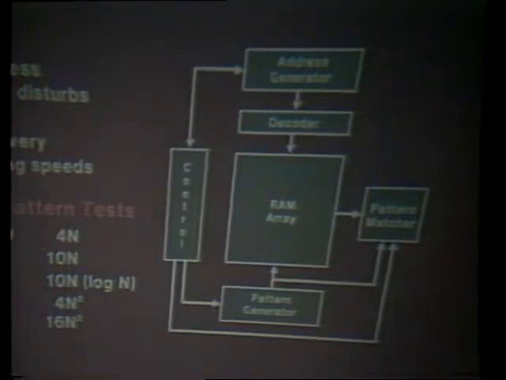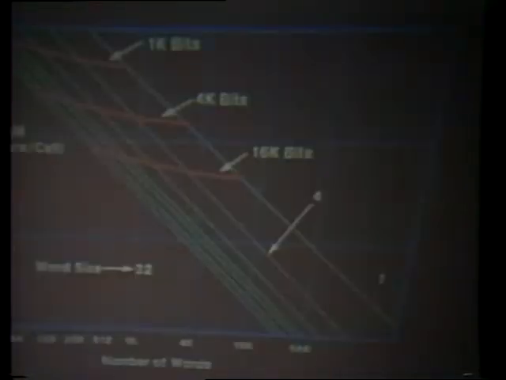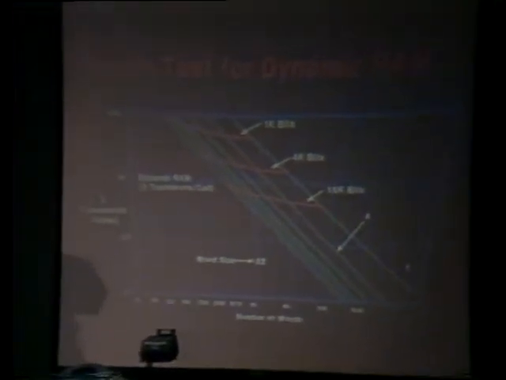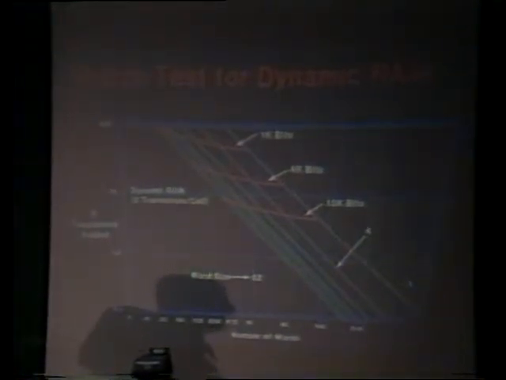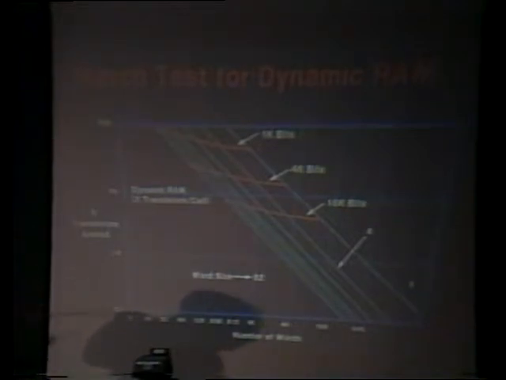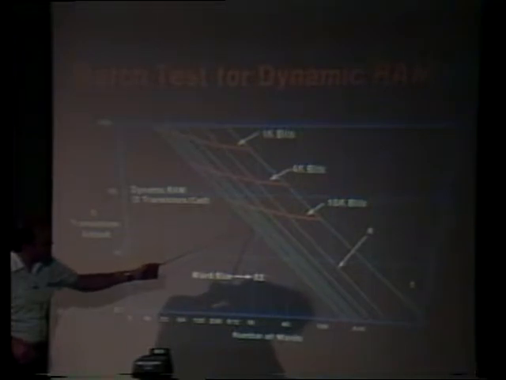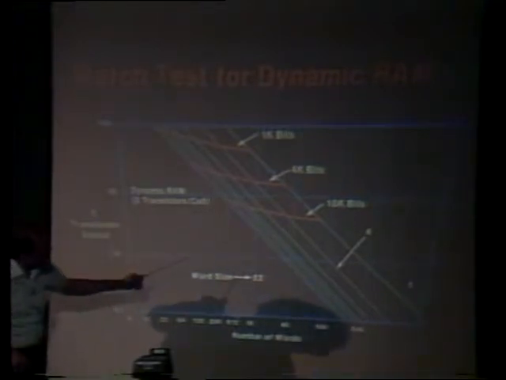Now one may ask, what is the cost of all these things? Good question. Here is a study I had done several years ago, about 4 years or so ago. At that time I wasn't too smart. Now I know much better ways to do all those tests. But this shows the number of transistors added versus the number of words, or your RAM size. And as you can see, let's take the case of a 1K RAM, and this is for the dynamic RAM.